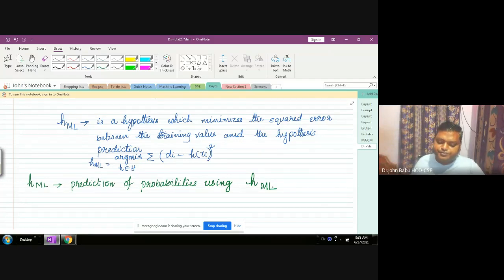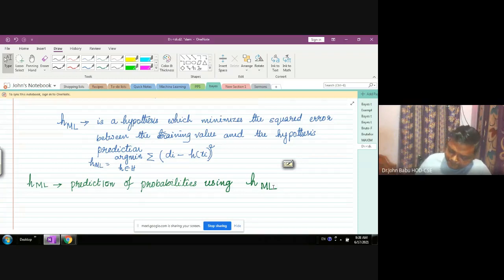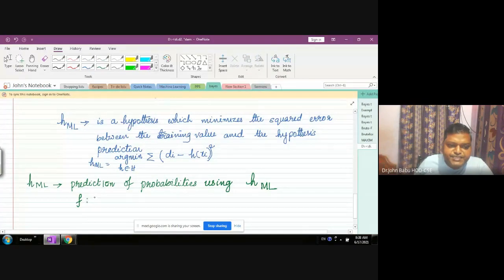Now, there are some situations where the d value, or the target function, takes either 0 or 1.